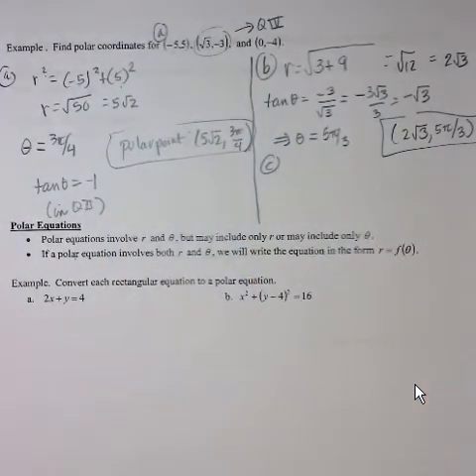Well, the next one is a quick one because it's on the y-axis, right? x is 0, y is negative 4, so you would just go down 4 units. So you don't need a formula for that. You know r is 4. You can use negative 4, but I'm going to use positive.